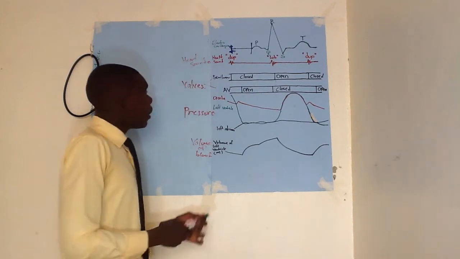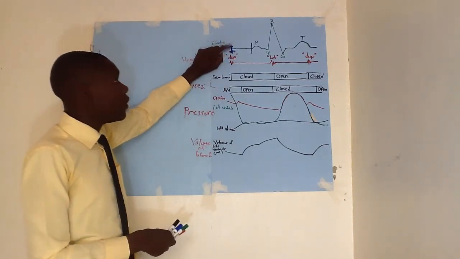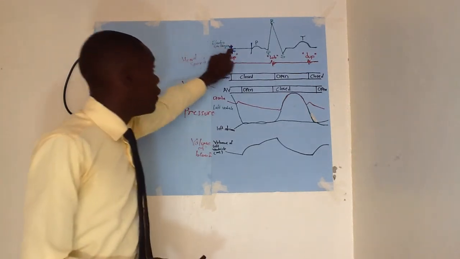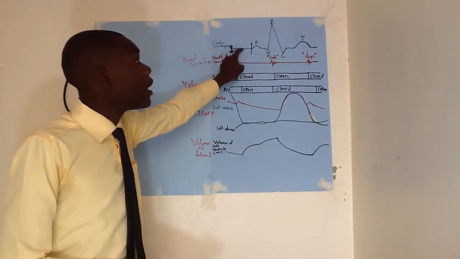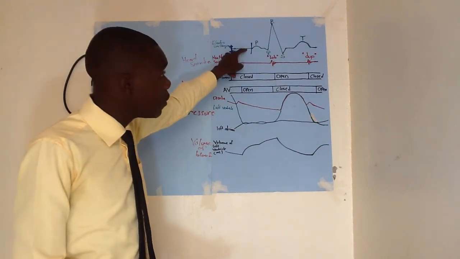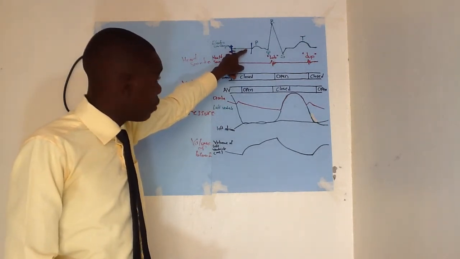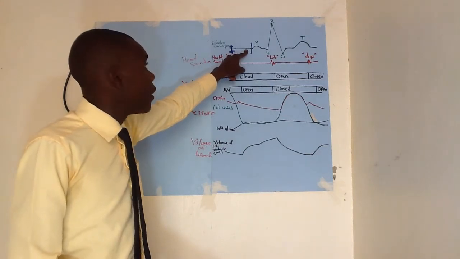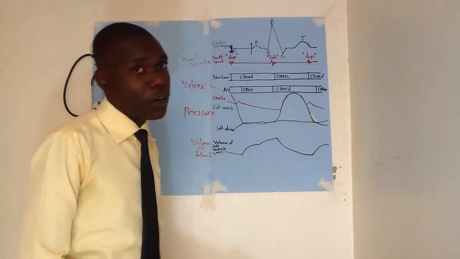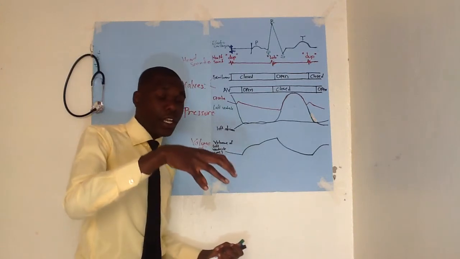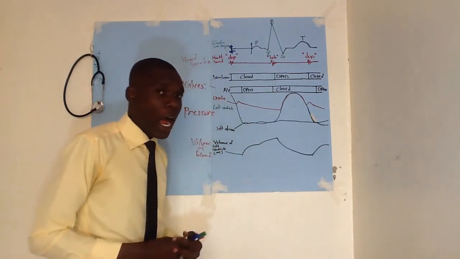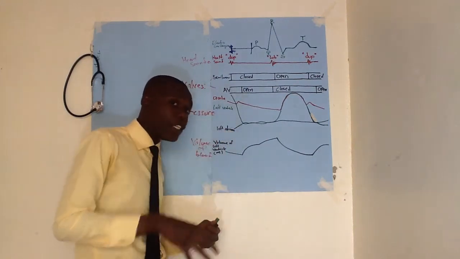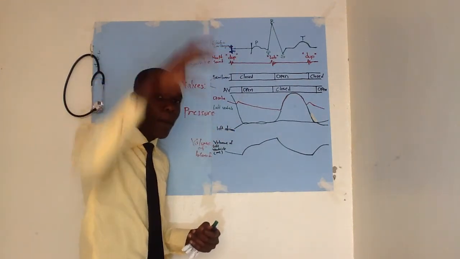So here we are having both the atrium and the ventricles relaxed. There is no depolarization or even repolarization within our heart. Not at all. So here the heart is completely relaxed. So the blood in the aorta and in the pulmonary artery will try to undergo regurgitation, backflow.